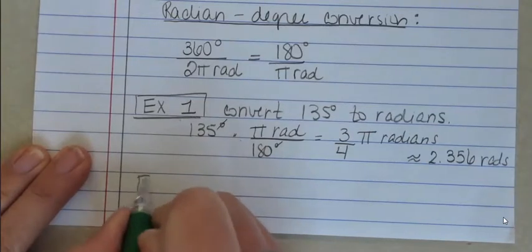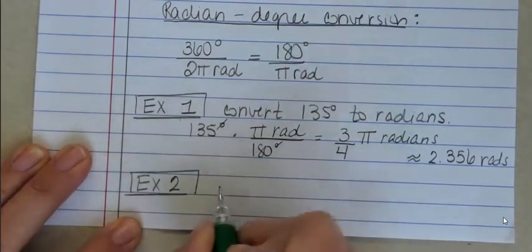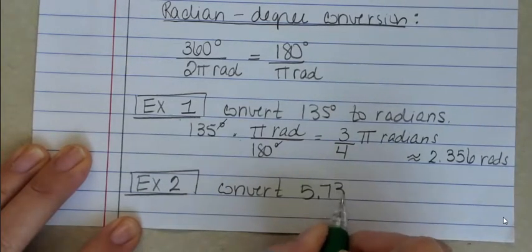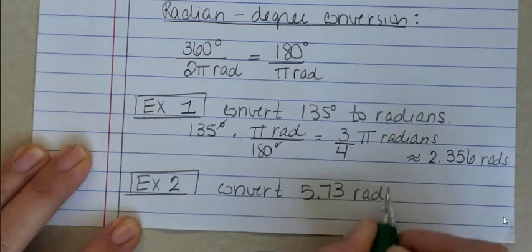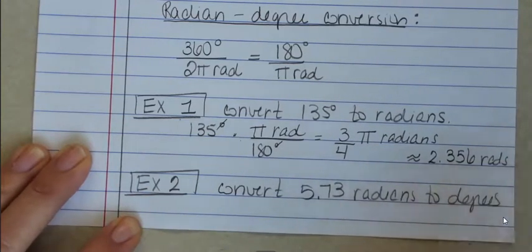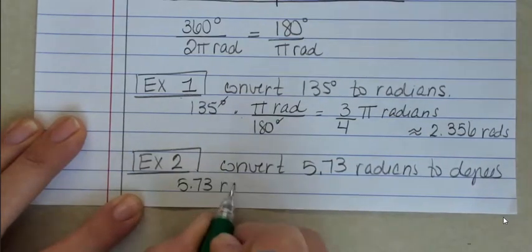Okay, and then we'll do the other way, where we go from radians to degrees. So we're going to convert 5.73 radians to degrees. So now I'm starting with 5.73 radians.